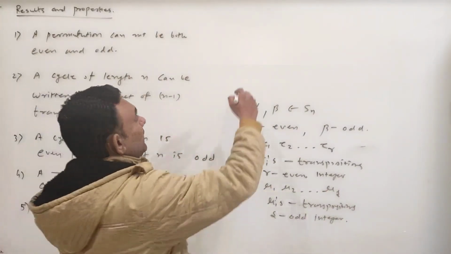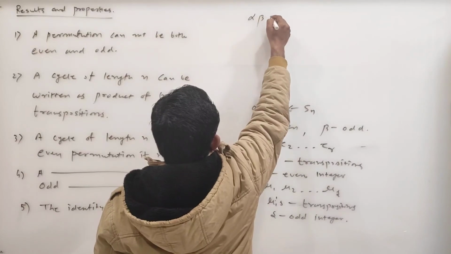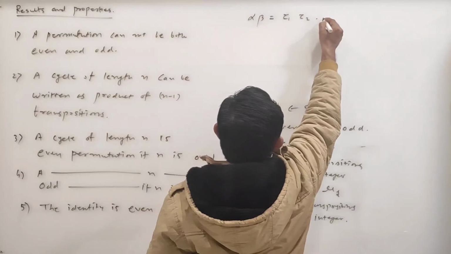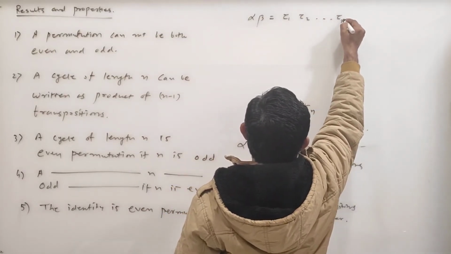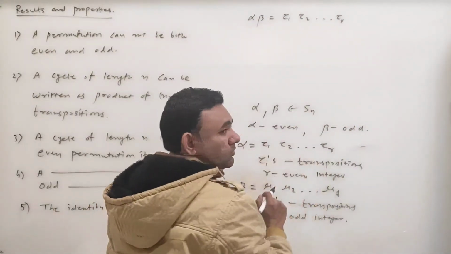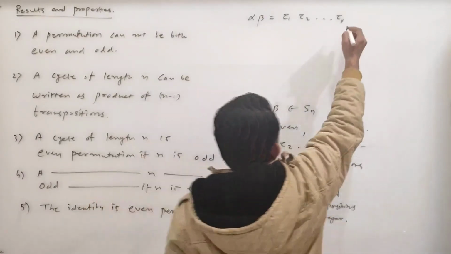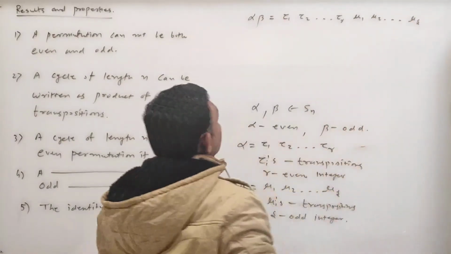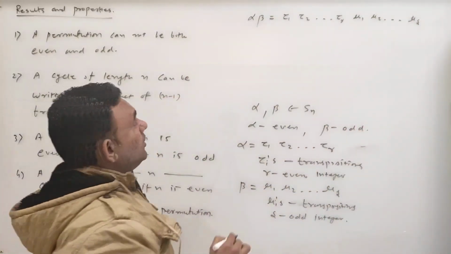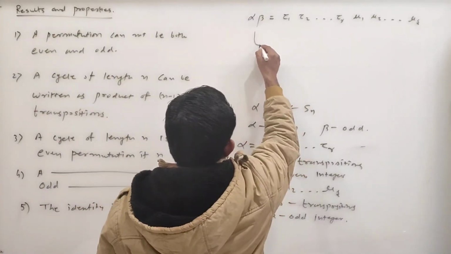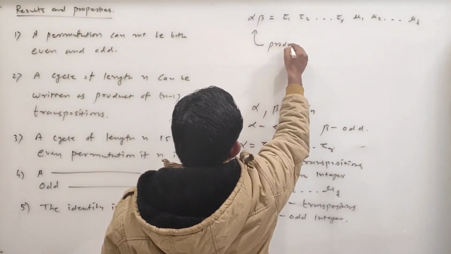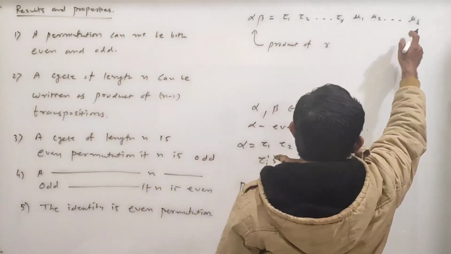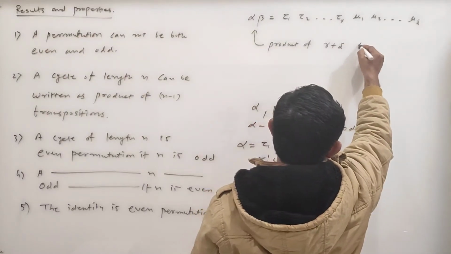Now I want to find alpha beta. So alpha into beta is tau 1 tau 2 up to tau r, times mu 1 mu 2 up to mu s. So alpha into beta is a product of r transpositions and s transpositions, so r plus s transpositions.